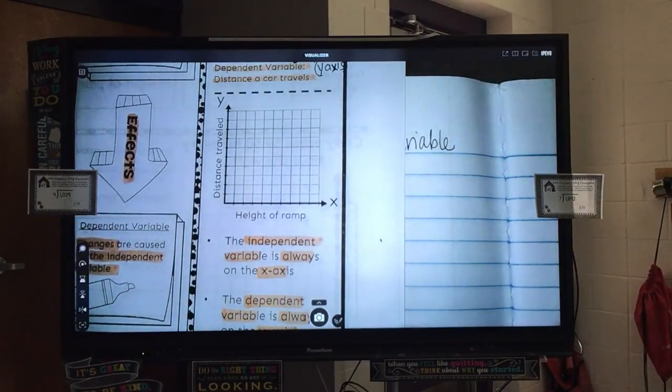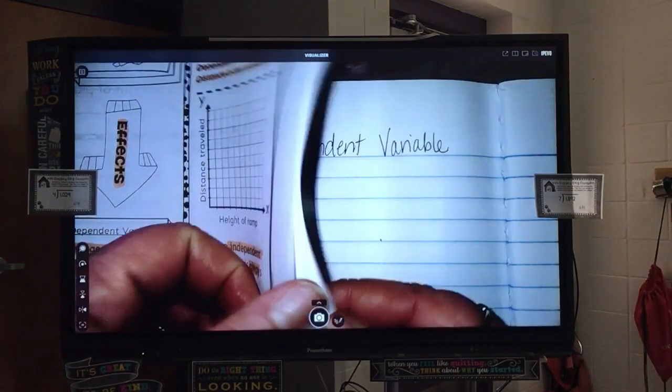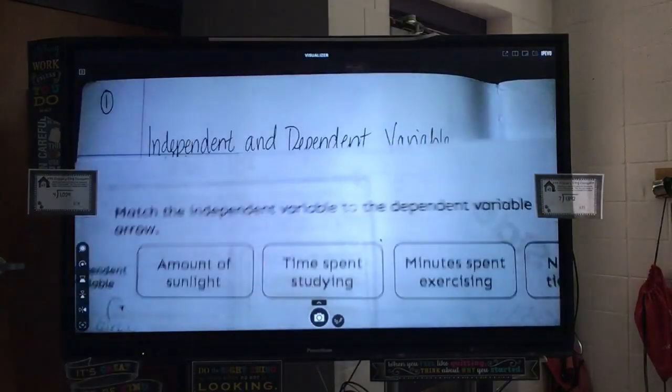Alright, give me a thumbs up. Actually, go ahead and stand up when you have all this done, written down, highlighted, all that. Alright, go ahead and flip your paper open.